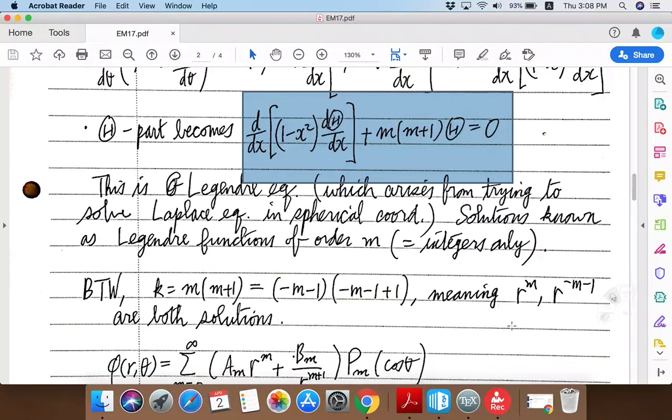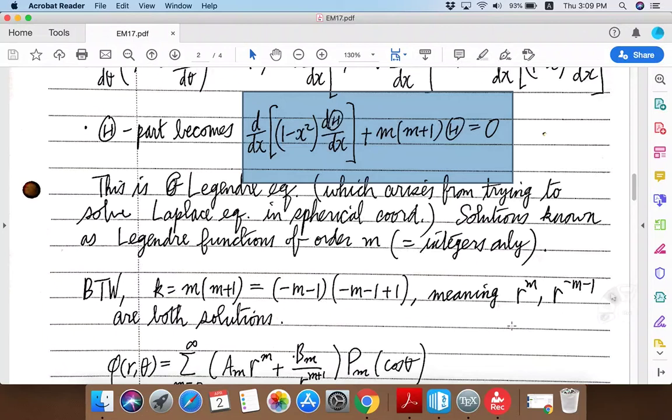And here's a tip: if you have problem remembering this guy's name, Legendre, and the equation named after him, just remember that this equation arises whenever you try to solve the Laplace equation in the spherical coordinates. Okay, so the Laplace equation can be solved either in the rectangular coordinates, or in the cylindrical coordinates, or in the spherical coordinates.